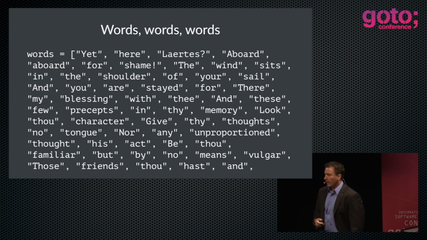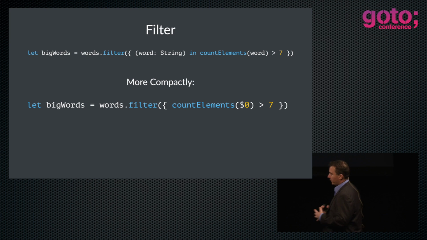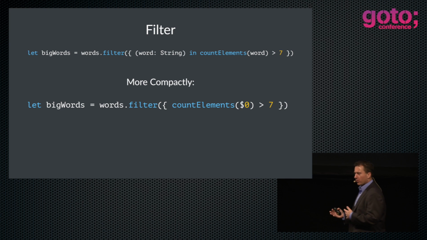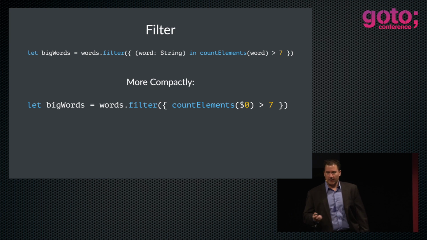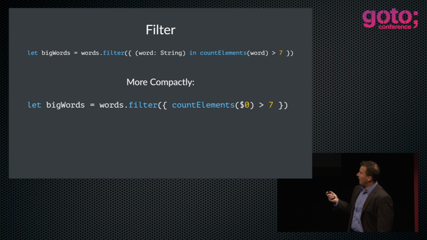Now we want to reduce it down a little bit, because in my research I discovered that usually longer words are the important ones, and you can just drop off the shorter ones, because rarely are they. They're the ands and the thes and things like that. So we're going to filter it down. A filter, again, is reducing a list of stuff into a list of the same kind of stuff, equal or less.